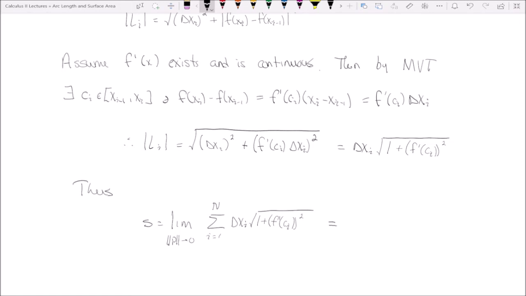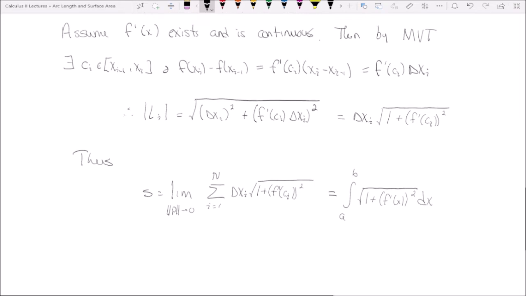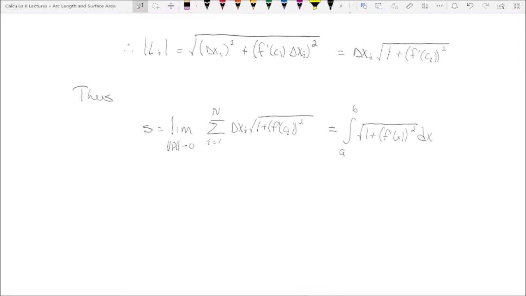So this limit is actually the integral from a to b of the square root of 1 plus f prime of x squared dx. So we now formally state the arc length formula.